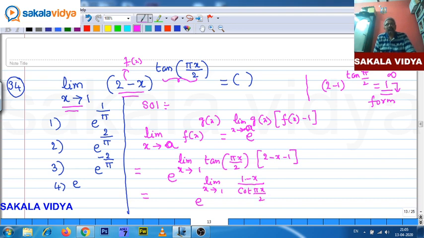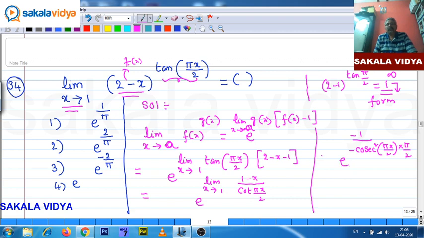Now, if you put the limit, you will get the 0 by 0 form. You can apply L'Hospital's rule. Differentiation of 1 minus x is minus 1, upon differentiation of cot, which is minus cosecant square of pi x by 2 into the differentiation of pi x by 2, which is pi by 2.